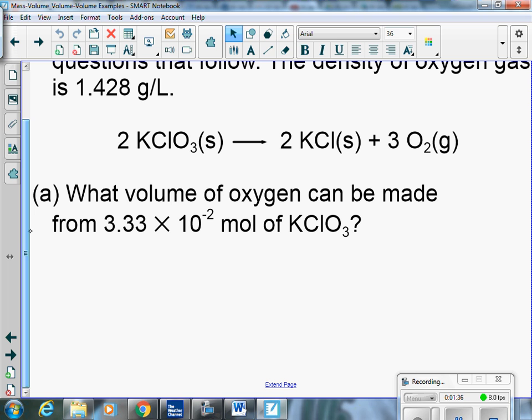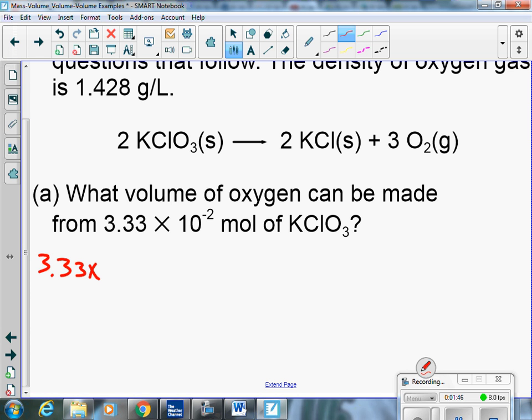So as I come down here, I'm just going to leave that equation up there, but it's telling me I have 3.33 times 10 to the minus second mole of KClO3. Since they've already given me moles, I'm going to go straight to the molar ratio.